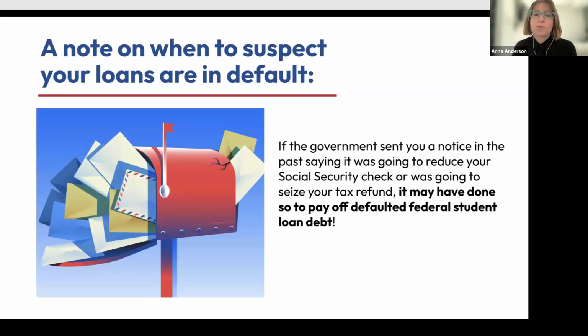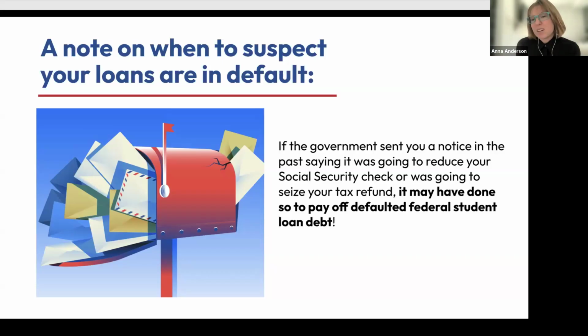Another flag, if you haven't checked in a while and you're not sure if this applies to you: if you received a notice in the past saying that your Social Security check or your tax refunds were going to be seized, or if you experienced that in the past, if your Social Security benefits were reduced or you had your tax refunds seized by the government, it is possible that it was seized because you have a defaulted federal student loan.